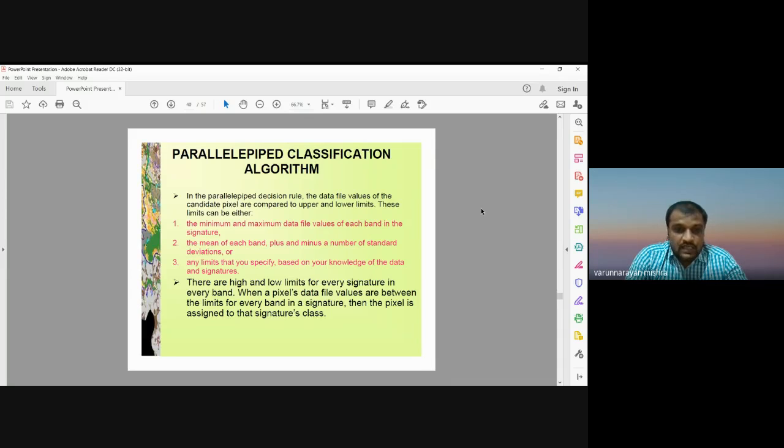So there are high and low limits for every spectral signature, or you can say every training sample, in the band. When a pixel's data file values are between the limits for every band in a signature, then the pixel is assigned to that signature's class. That is how the parallelepiped classification algorithm works.